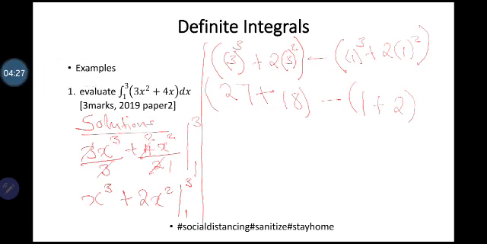So 27 plus 18 will give us 45, minus 1 plus 2 is 3, and 45 minus 3 is 42. Then we go to the second one. So with this one you'll be done.